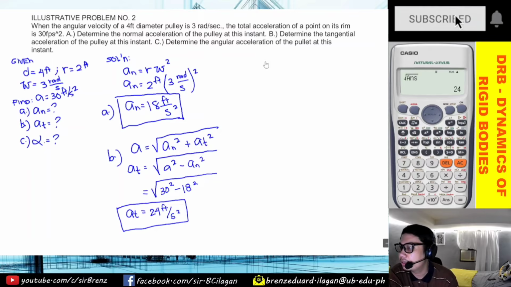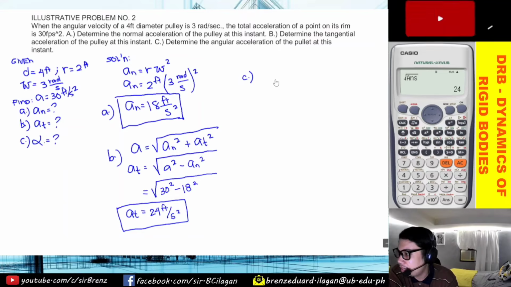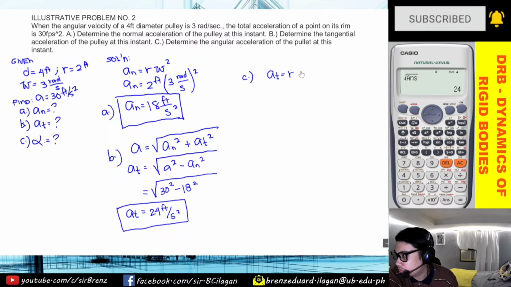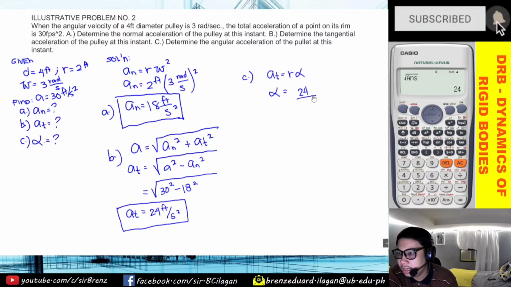Ayan. And then for letter C, ano ba yung hinahanap dyan? Yung angular acceleration. Okay, so to get the angular acceleration, yung ating a sub t, diba yung a sub t natin is equals lang sa r alpha. So to solve for alpha, that is equals lang sa 24 divided by r, which is 2.